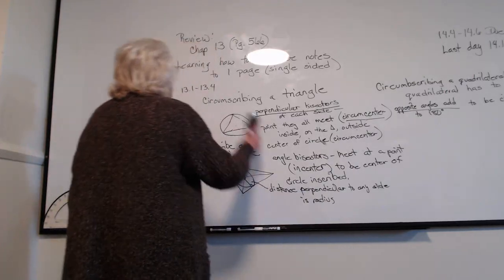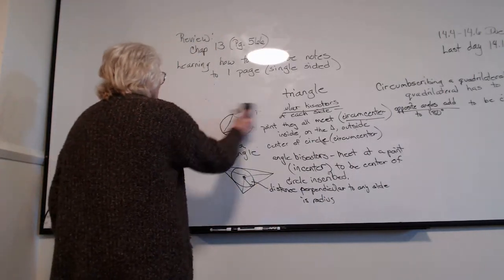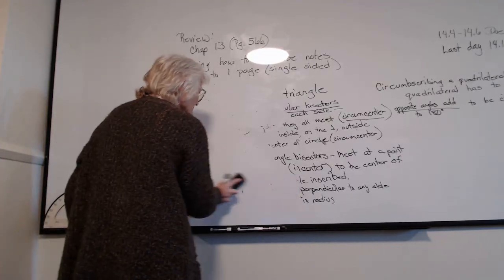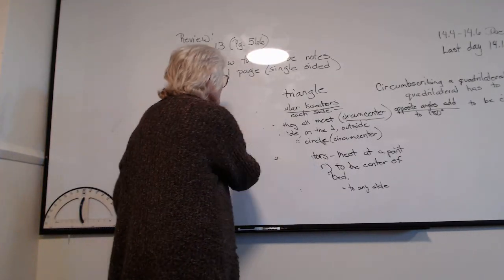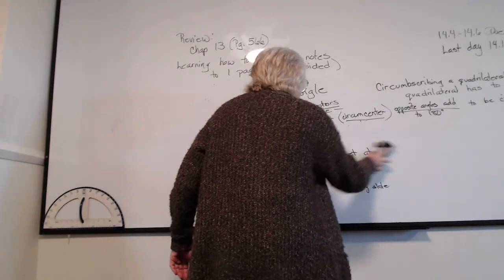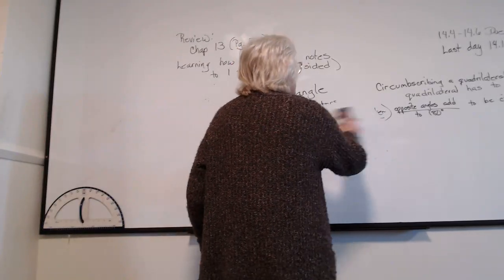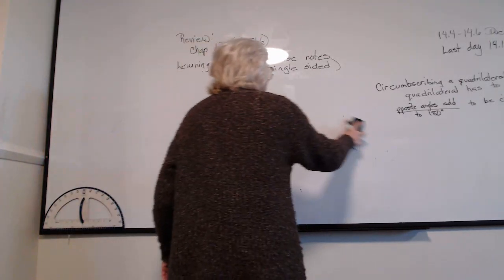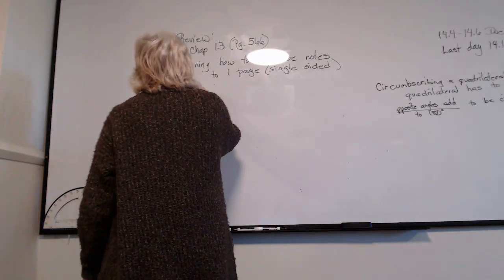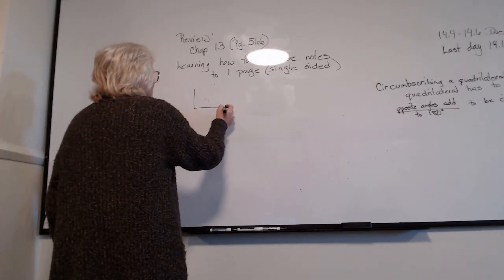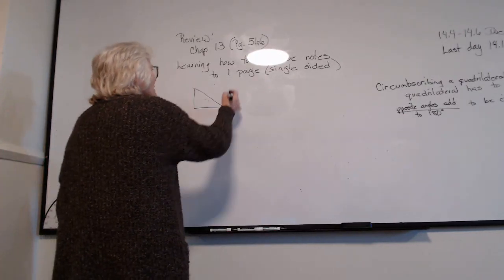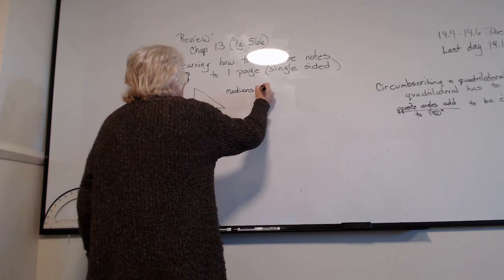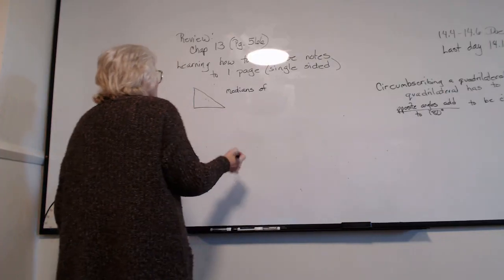Okay. What was in 13.4? What were we doing in 13.4? Medians of triangles. Yes, the medians of triangles. So when we have a triangle, what is a median? It's like the thing in the middle of the road that keeps you from going into the other lane.